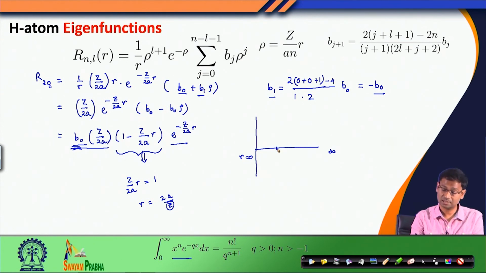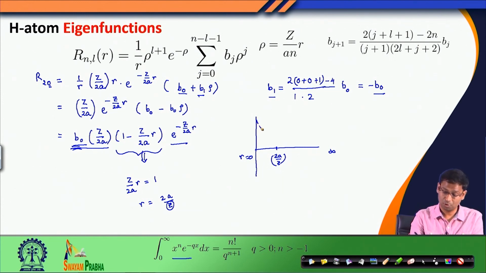So, at this value 2a over z, this function has to become 0, and for larger value, when r is greater than 2a by z, this term will become greater than 1. So, this function will become negative. So, for r equals 0, I will have this term becoming 1, and I will have an exponentially decaying function.